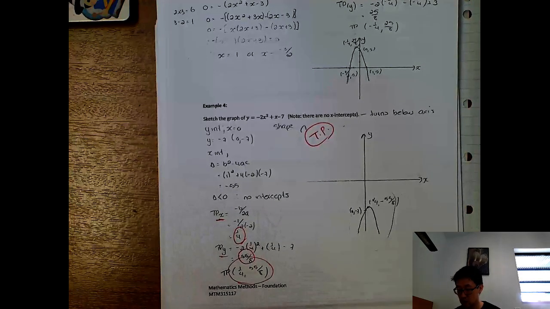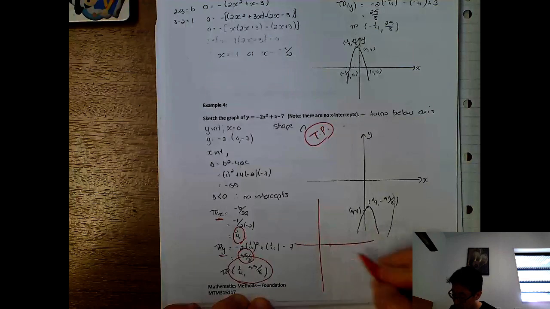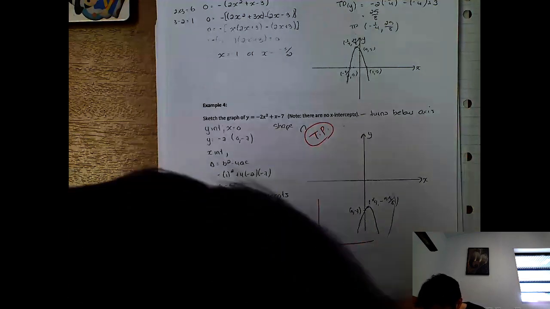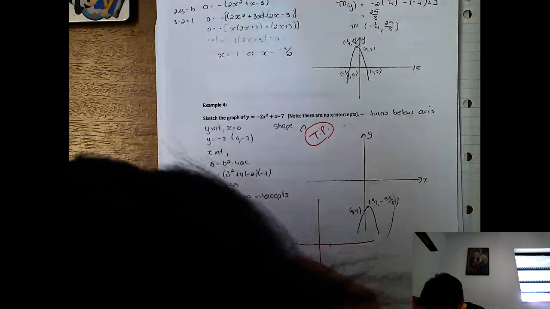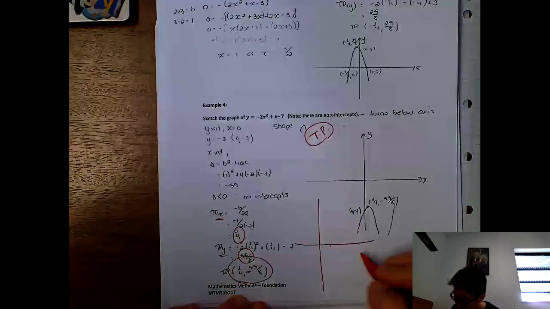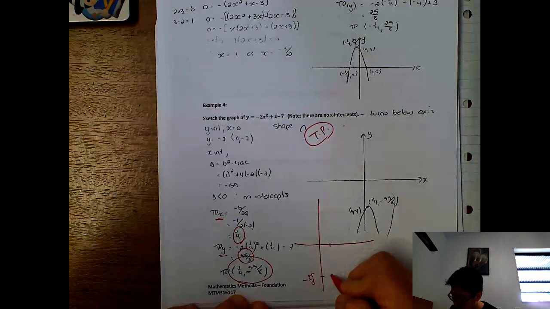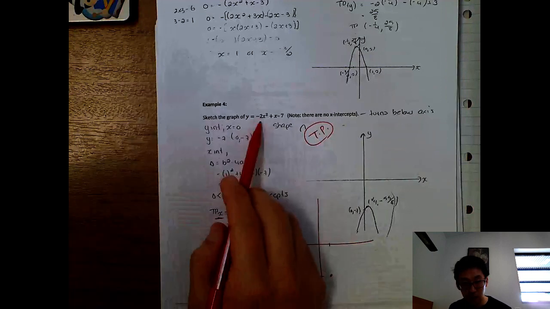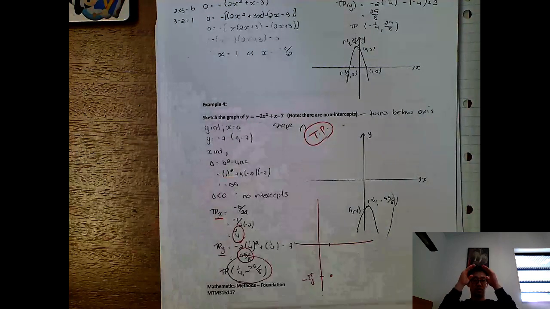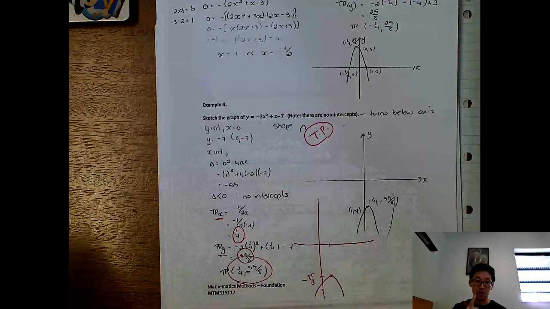So all I need to do: 1/4 and minus 55/8. So that's the turning point. And then look at it. That's negative, so I'll have something like that, and then you can realize it.